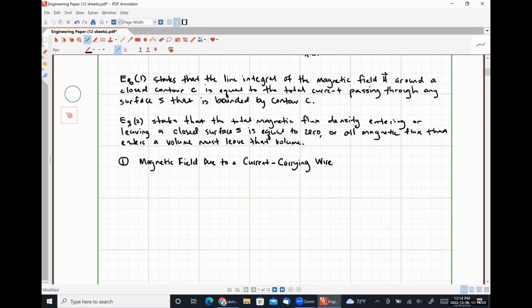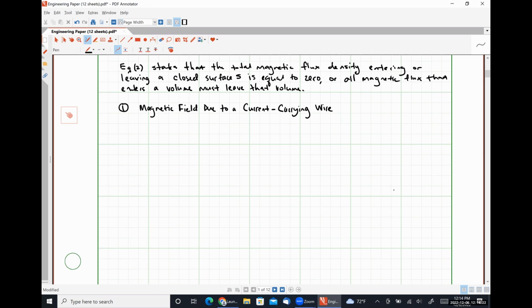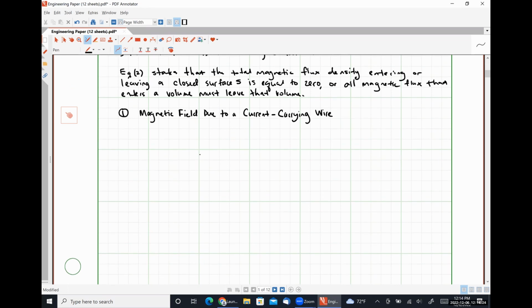Let's say that we have a wire, or a portion of a wire, as the case may be, that is a part of a larger circuit, where those ellipses mean this is connected to something else. And our wire carries some constant current I in this direction.